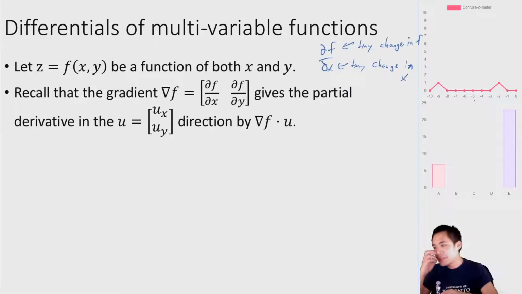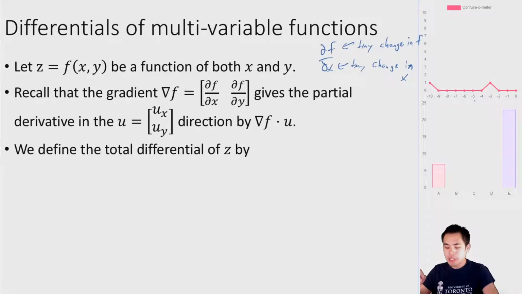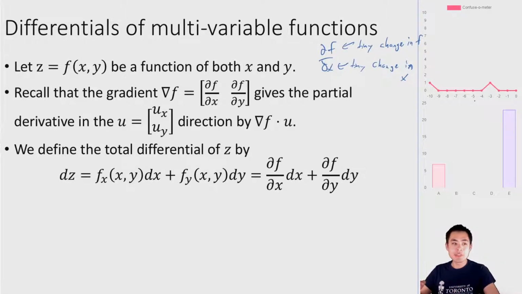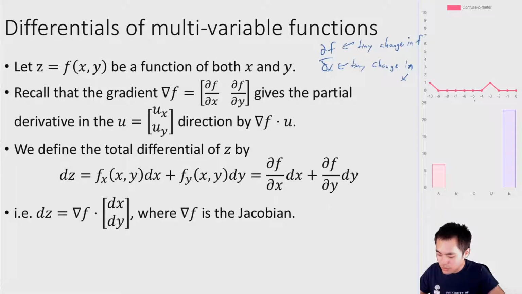But anyway, coming back to this, we have some derivative in a particular direction, and we can define the total differential of a multivariable function z by taking these partial derivatives, because this is the change in z as you go in the direction dx, dy. So a tiny change in some other direction, where this is the gradient.